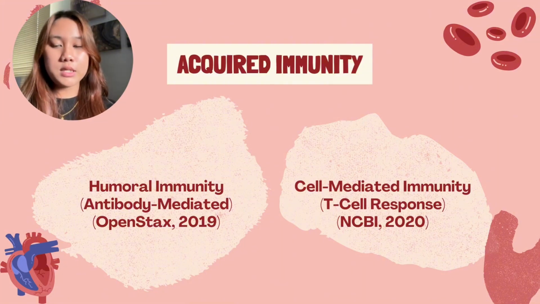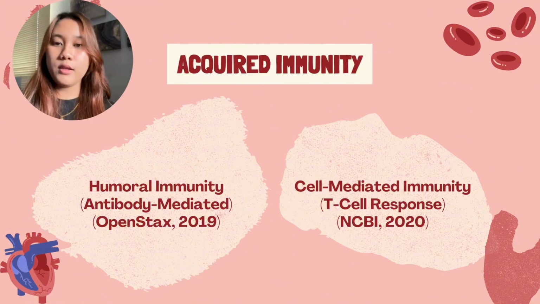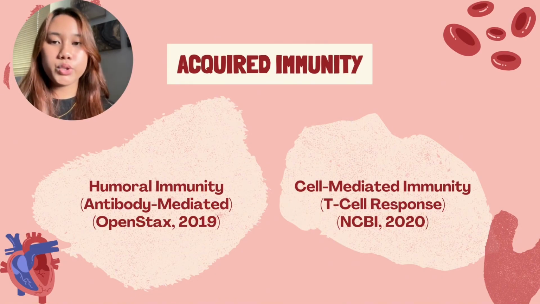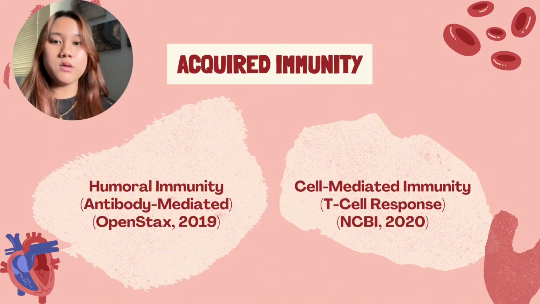Acquired immunity is separated into two types. The first one, humoral immunity, which is antibody mediated, and the second is cell-mediated immunity, which is the T cell response. We will go through the first one, humoral immunity, also known as antibody mediated.